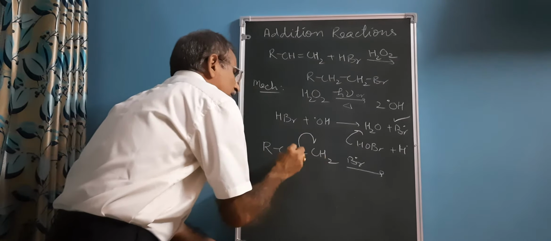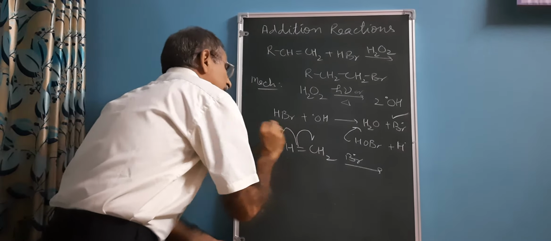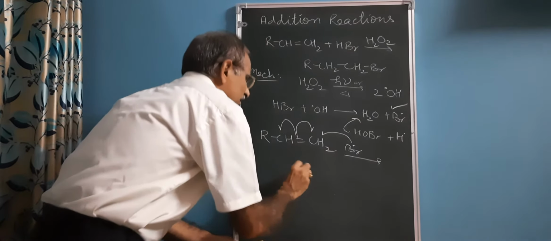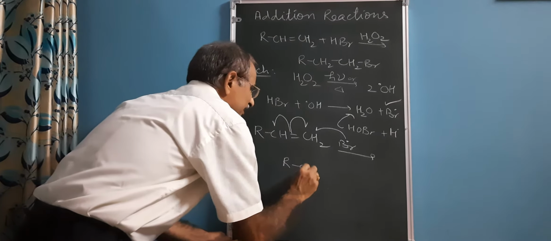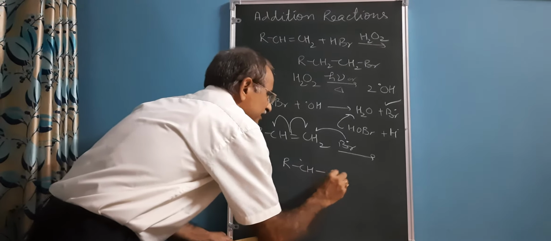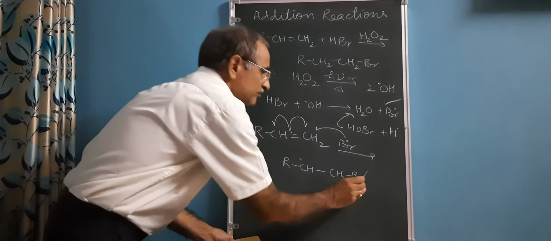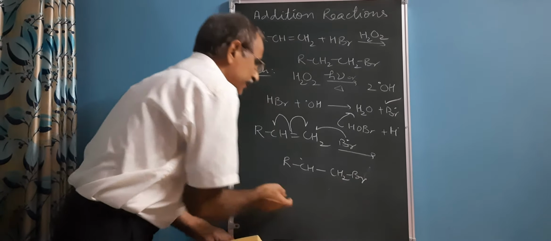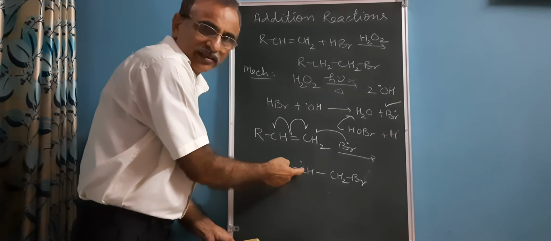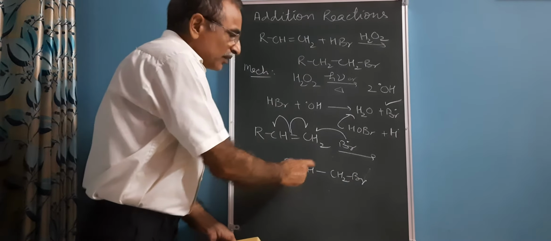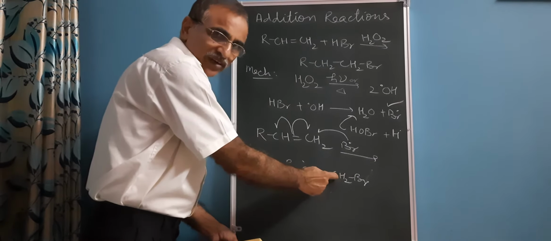homolytic fission of this carbon-carbon pi bond takes place, and that results in formation of secondary free radical. Again, here you can see that once this bromine adds to first carbon atom, there is formation of secondary free radical. And if the same bromine reaches second carbon atom, there will be formation of primary free radical.